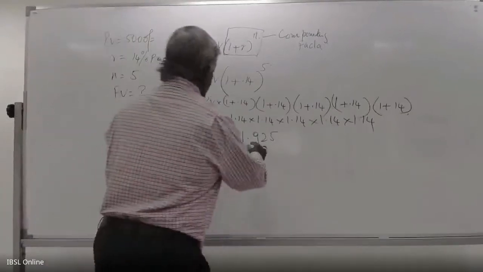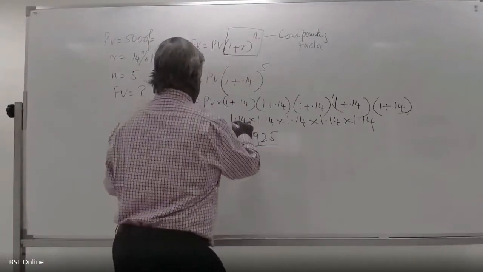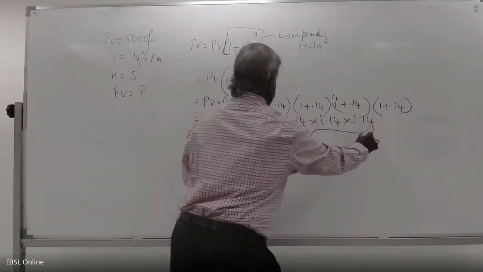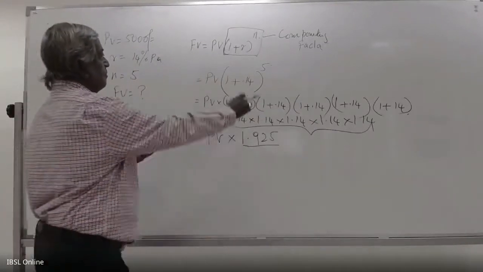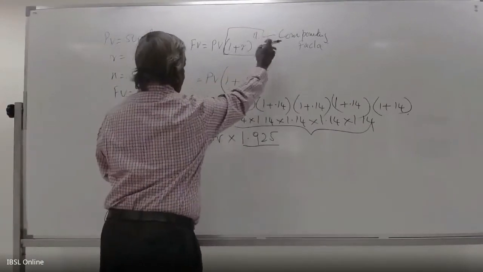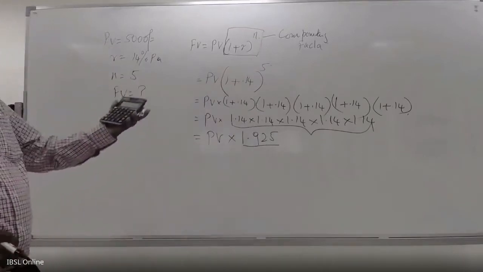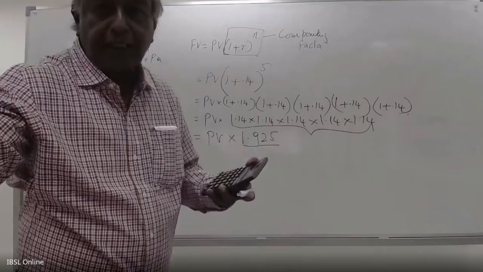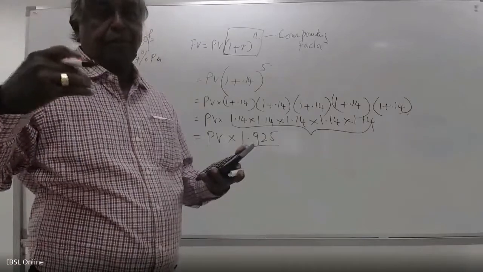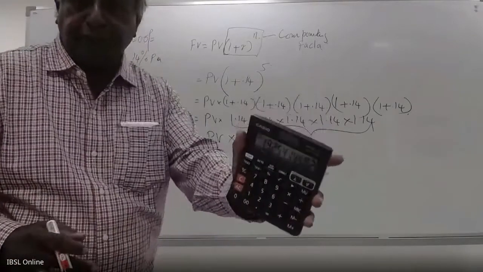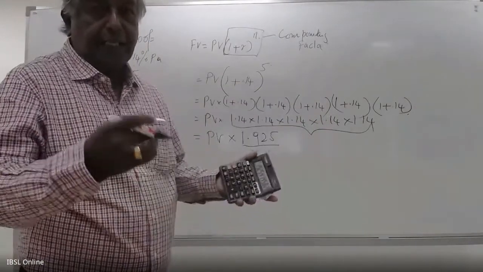So this is the compounding factor. This portion is the compounding factor. This answer you would have obtained from the compounding table. So instead of the compounding table, by using this simple calculator, we are calculating it.